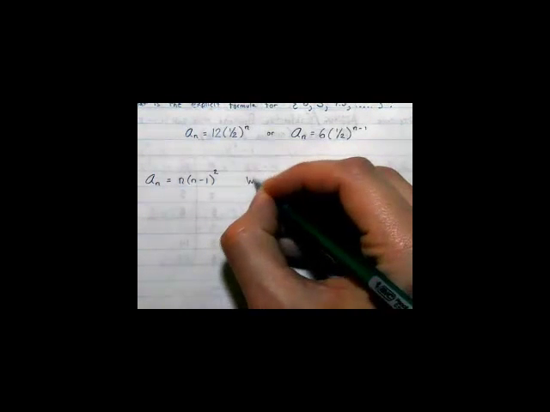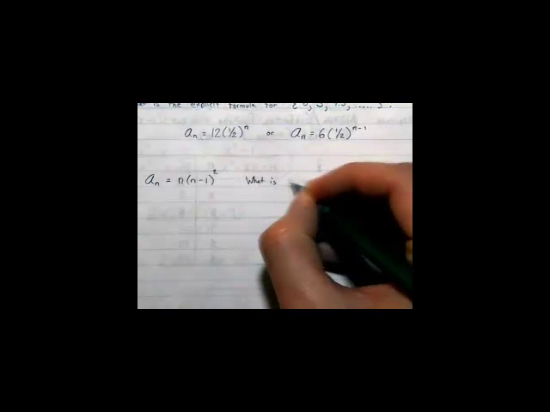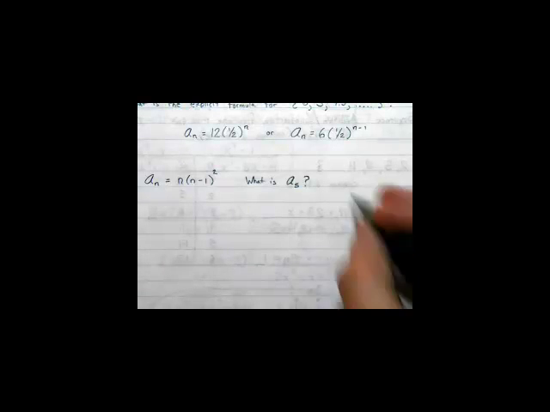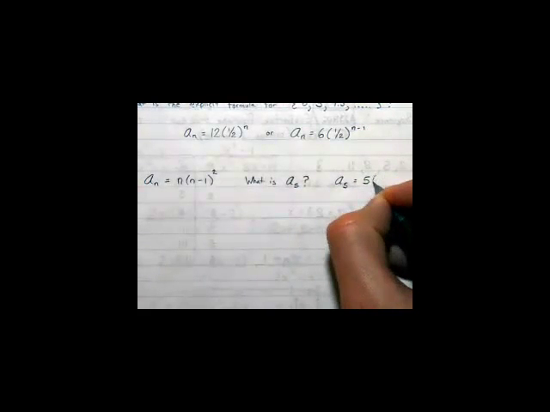But let's just start with something like, what is, we'll say, a sub 5? And that question is actually pretty simple. It would just be plug a 5 in, and what do you get? If you have an explicit formula for something, that's pretty easy. So a sub 5 would be 5 times 5 minus 1 squared, which would be 5 times 4.